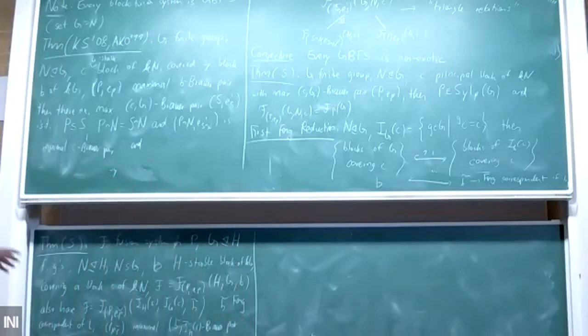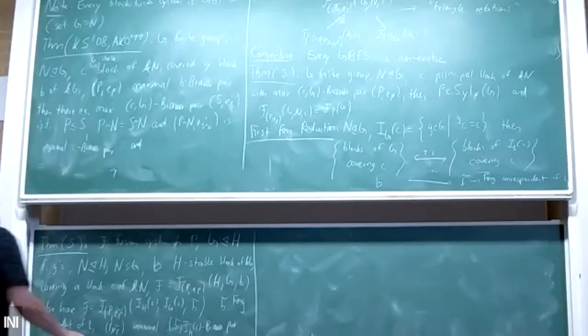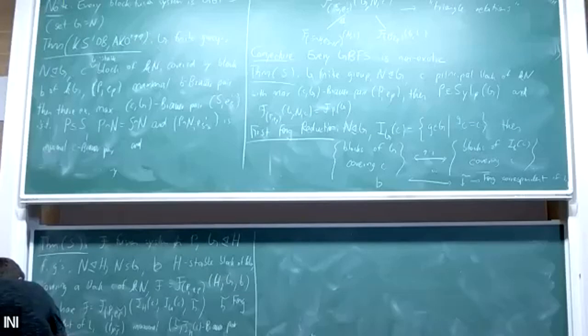So yeah, instead of studying this fusion system, we can study the fusion system of the inertial subgroups. And in particular, in the case where H and G coincide, that's the original first Fong reduction. Okay, so this is the first Fong reduction.